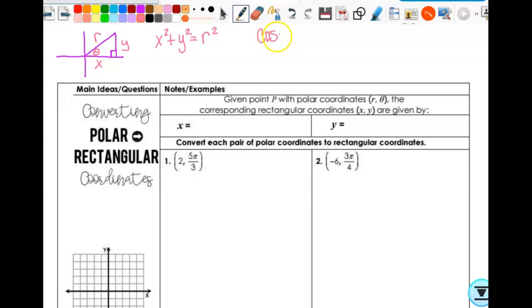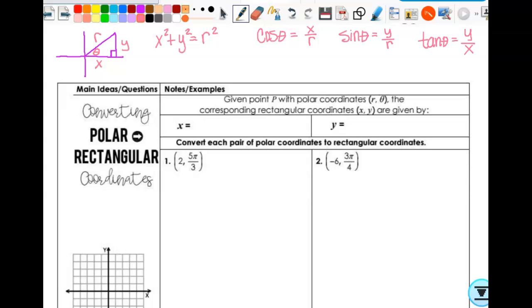So the cosine of theta is x over r, and the sine of theta is y over r, and the tangent of theta is y over x. Okay. Make sense? Sound familiar?